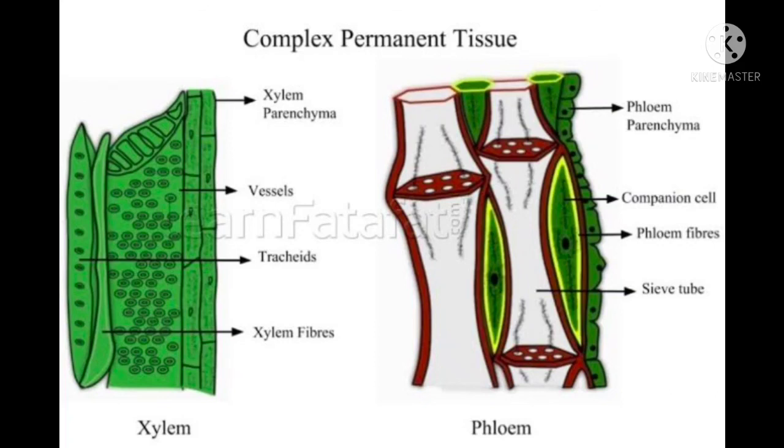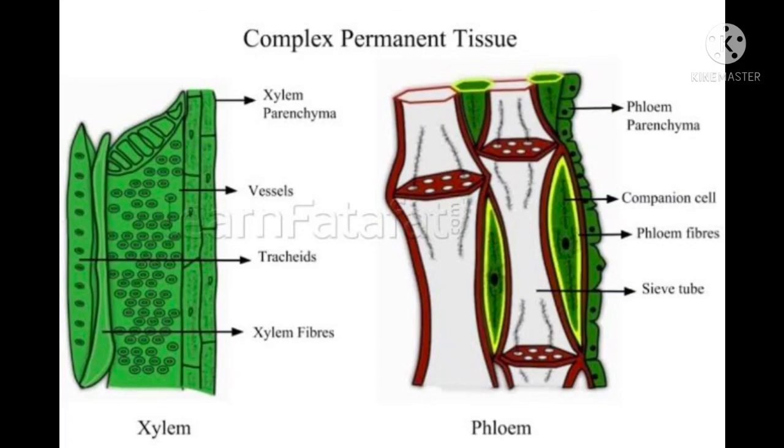That disc is the sieve disc, which is in dark reddish color. So the sieve tube is present in the inside portion. Companion cells are attached just on the side of the sieve tube, and afterwards come the phloem fibers. And the phloem parenchyma is present on the outer layer. So this was about the structure of the xylem and the phloem.